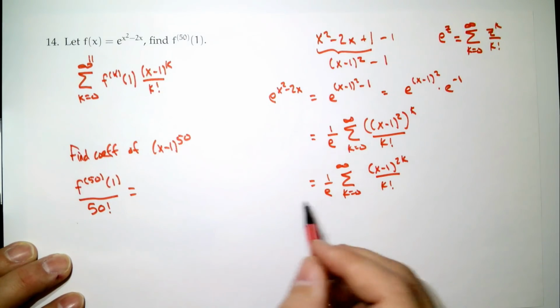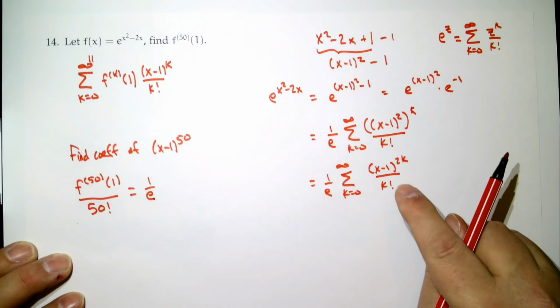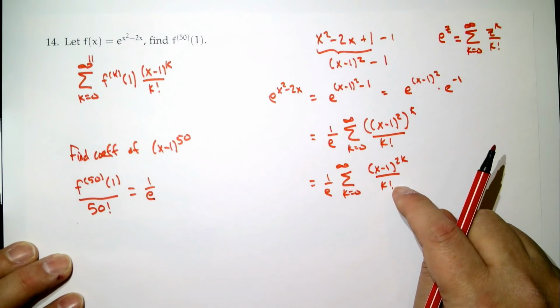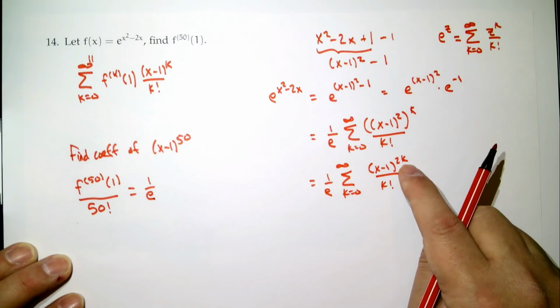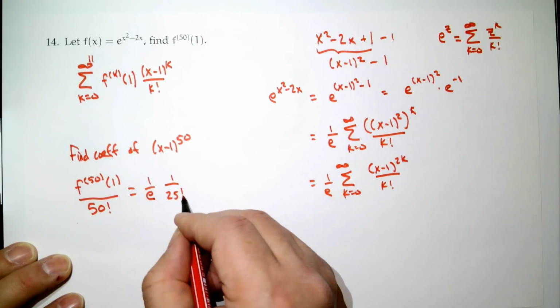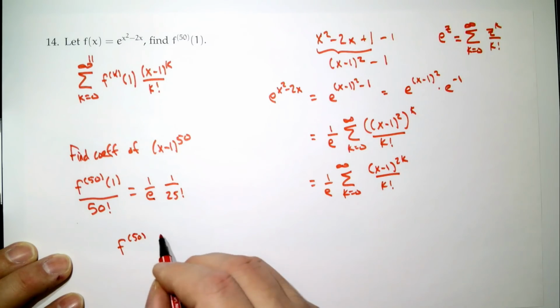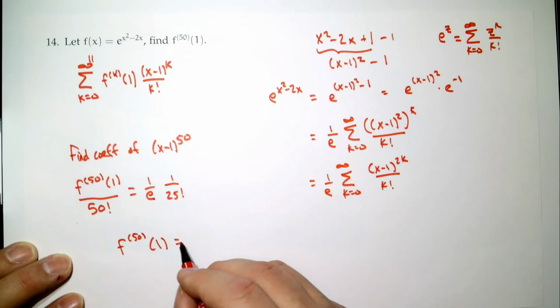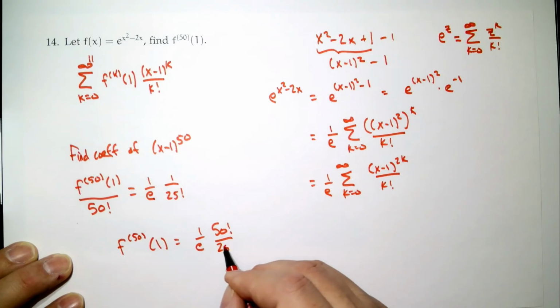On the right-hand side, we're going to have that 1 over e, because that multiplies by everything. And now, what's our coefficient? Well, which choice of k do I need? 25. And then here comes 1 over 25 factorial. So, we get that the 50th derivative evaluated at 1 is 1 over e times 50 factorial over 25 factorial.